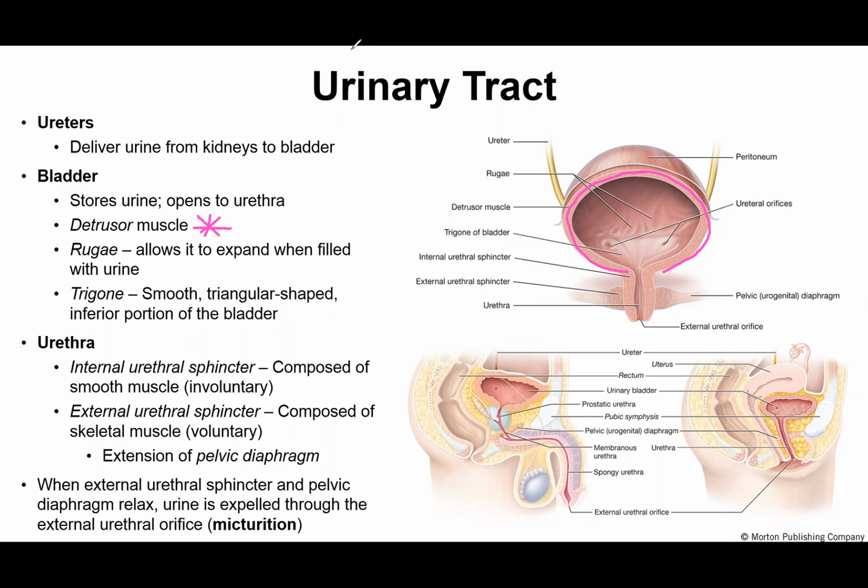All right. The rugae are these sort of divots and loops and swirls that you sort of see that it's not a perfectly smooth surface on the inside. And what these rugae do is that they allow the bladder to expand whenever it's filled with urine.